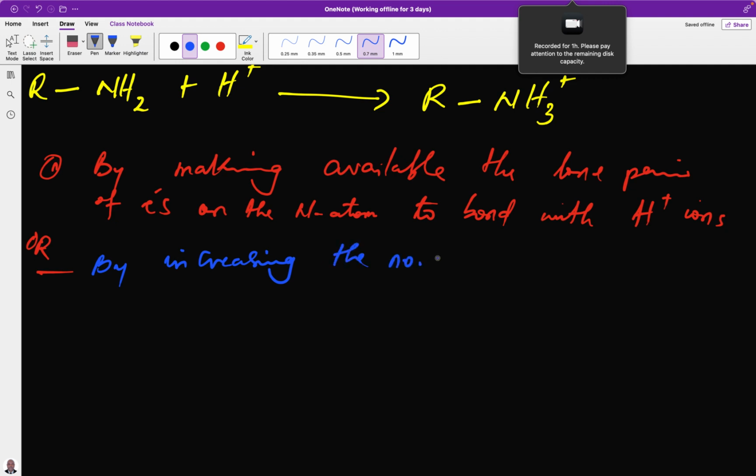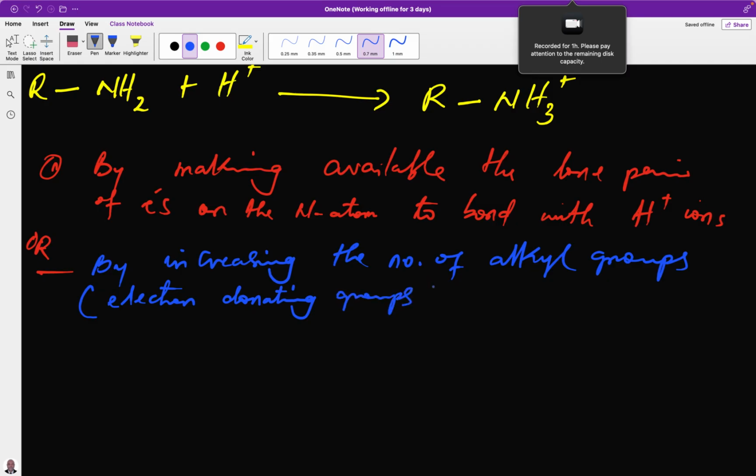The alkyl groups, we call them electron donating groups on the nitrogen.